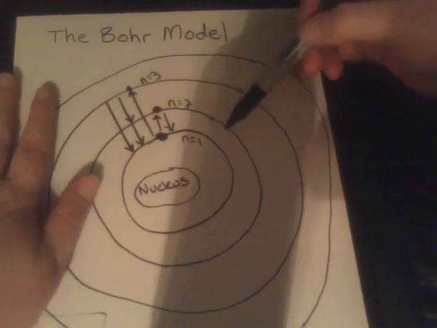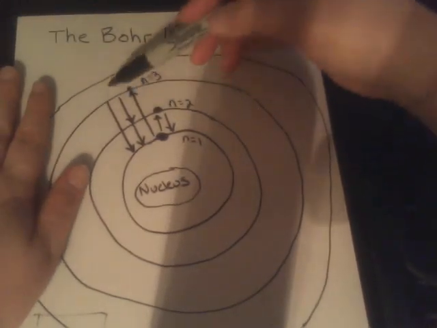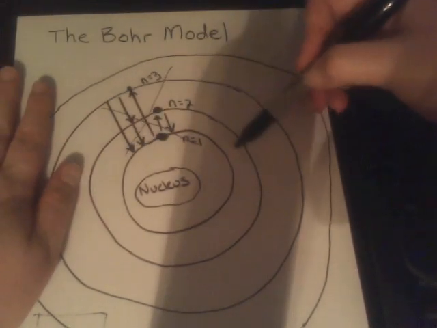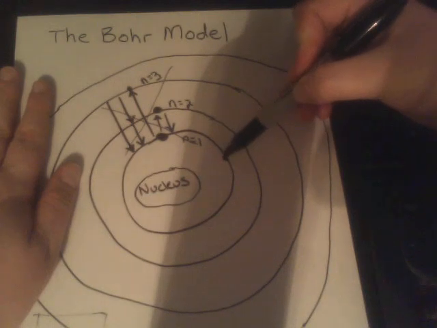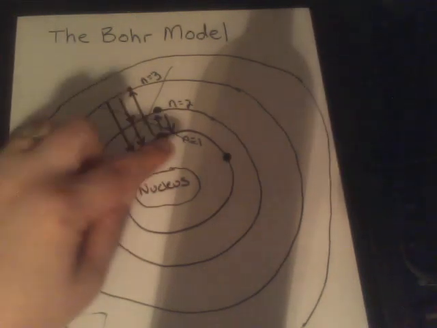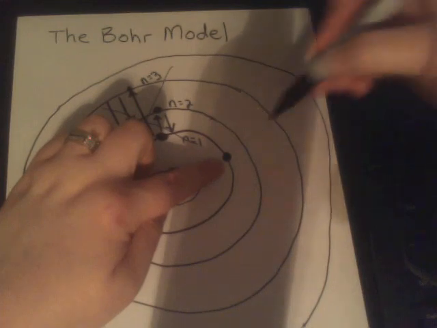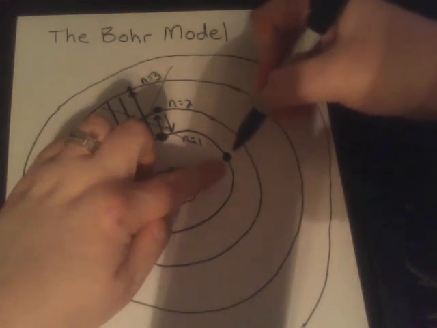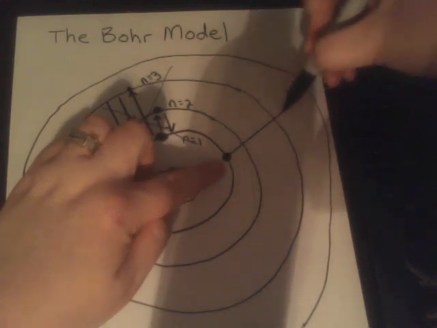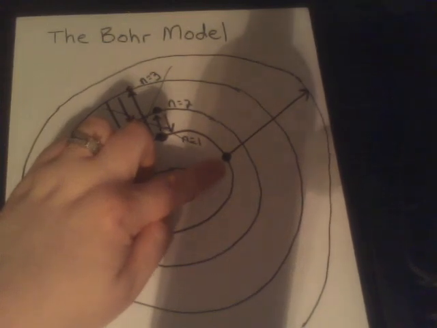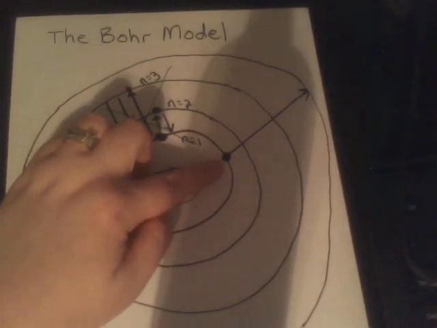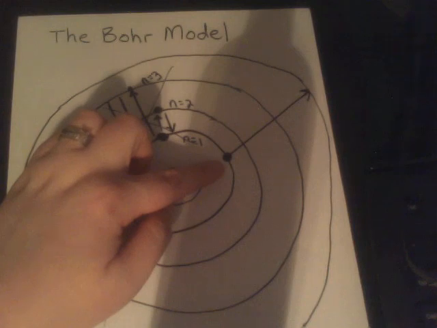So just for another example, we can kind of ignore this right now. I'm resetting it up, right, where we have our 1s1 electron. What if it were to be excited to the fourth energy level? Right? So it absorbs energy, goes to the fourth energy level. What are our options?